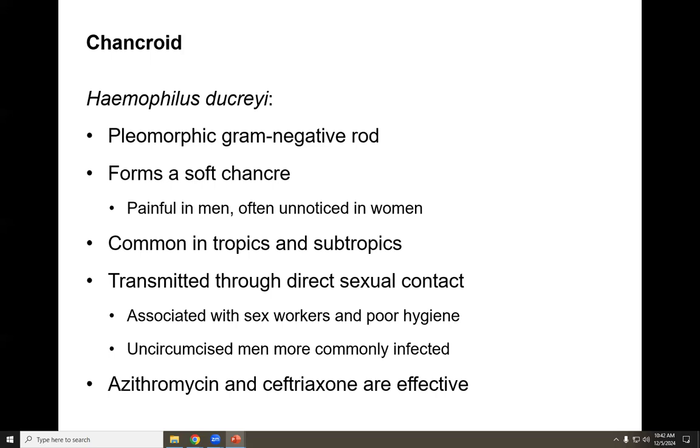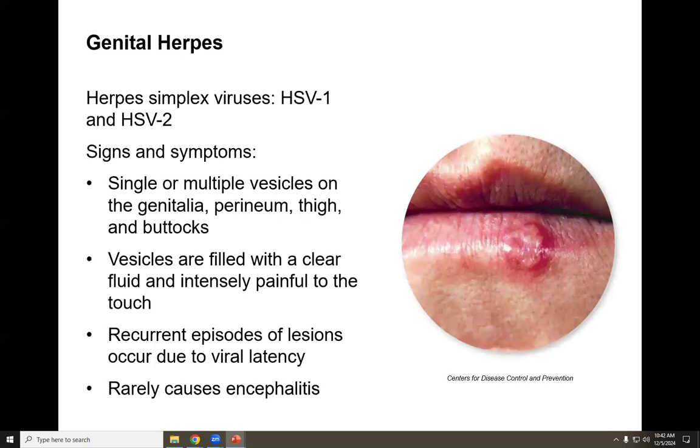But supposedly it's not as painful. We usually see this more commonly in the tropics, associated with sex workers and poor hygiene. And uncircumcised men are more commonly infected, again, due to inflammation associated with the normal biome. You can treat this with antibiotics.